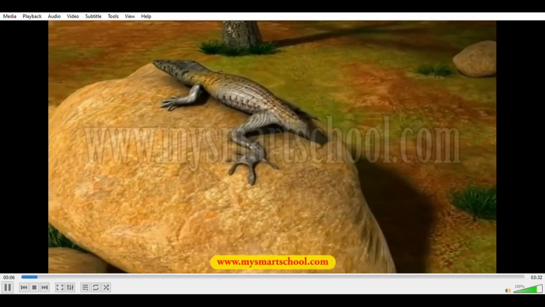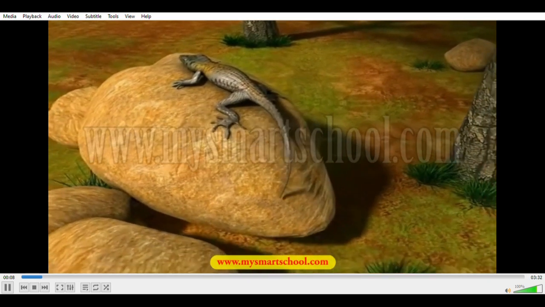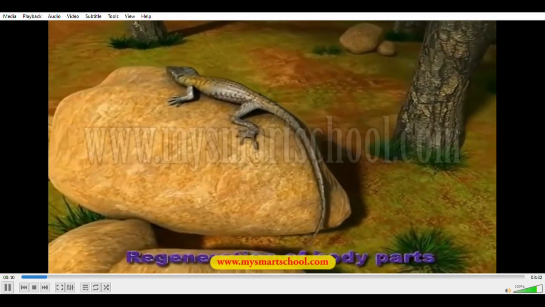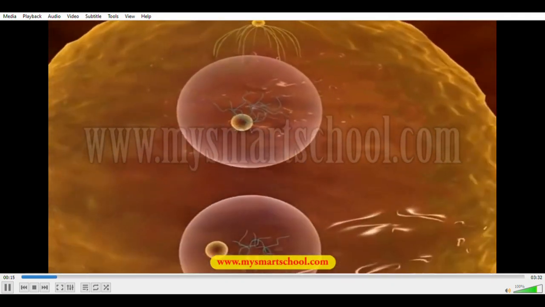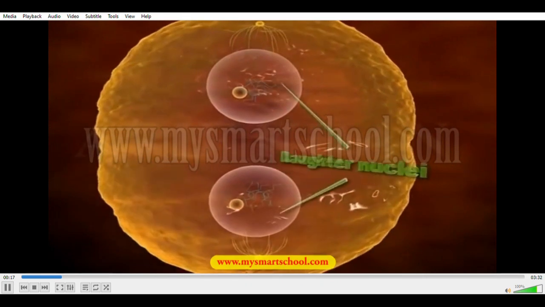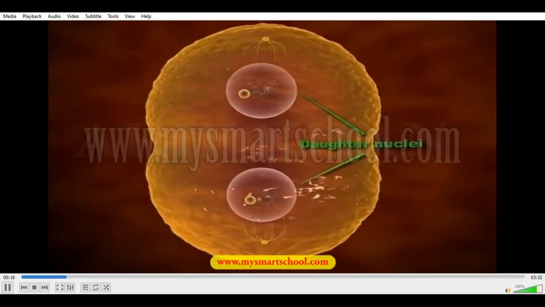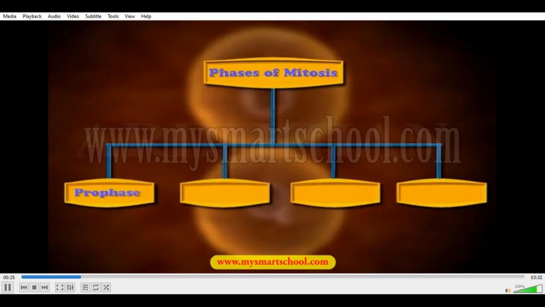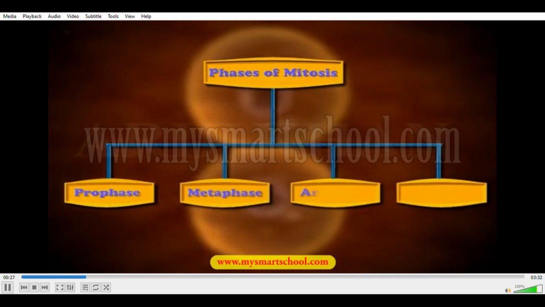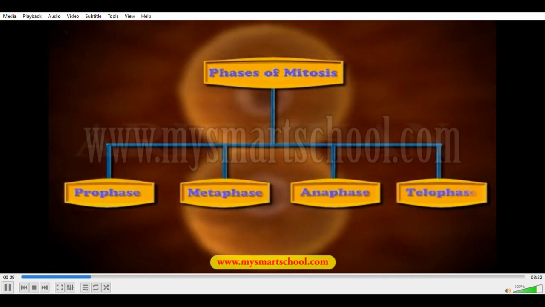Mitosis is a process of cell division that makes possible regeneration of body parts. To elaborate, mitosis is the separation of nuclear chromosomes into 2 identical daughter nuclei. It is divided into 4 key phases: prophase, metaphase, anaphase, and telophase.